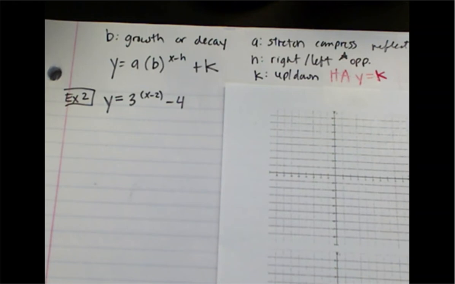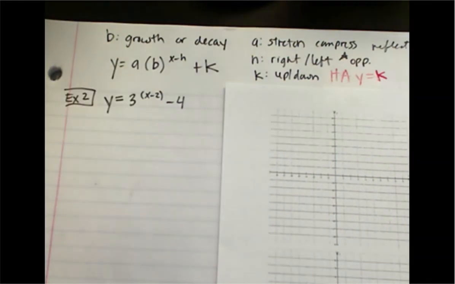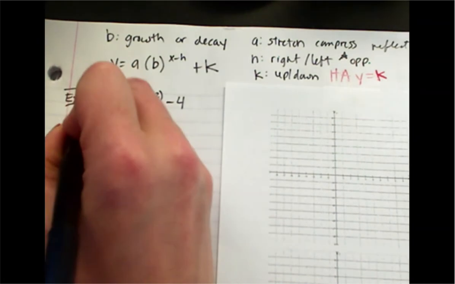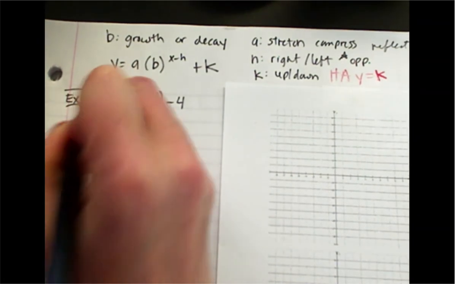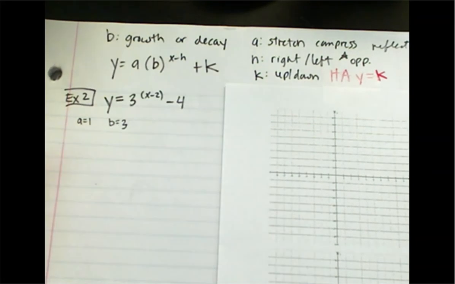AHK, normal. B, a little bit different. Notice in my first example you've got 3^(x minus 2) minus 4. Let's figure out what A, H, K, and B are. A is 1. Base is 3.